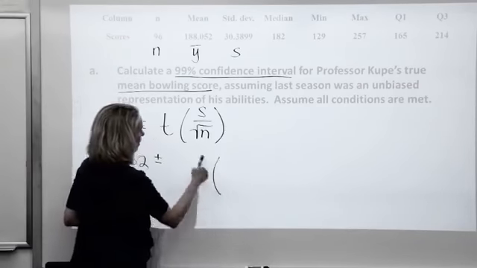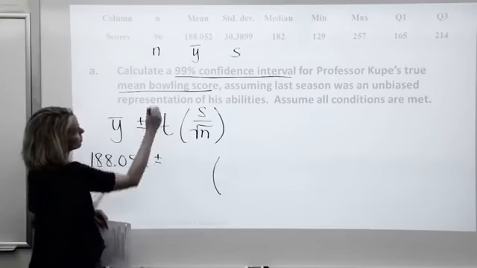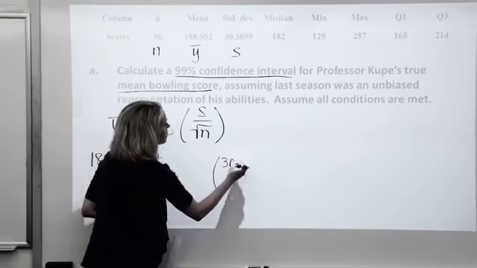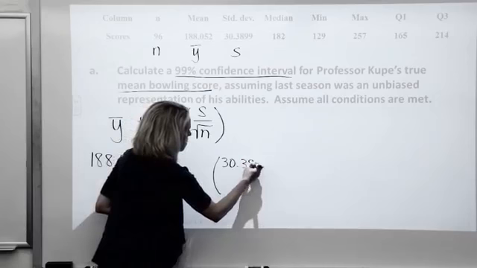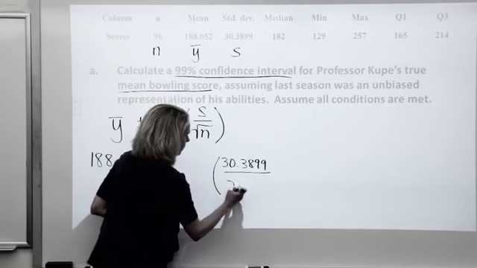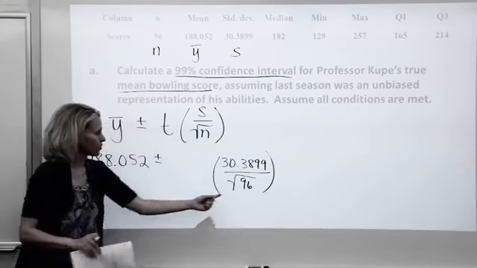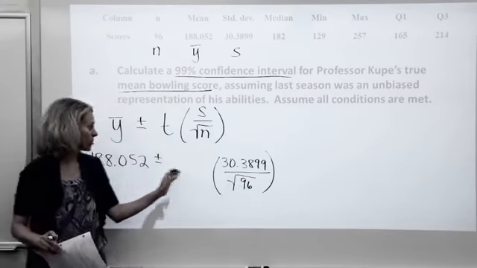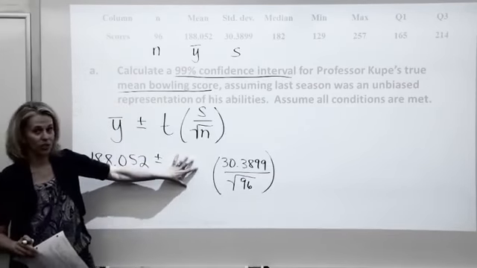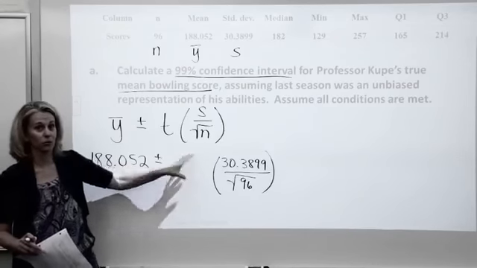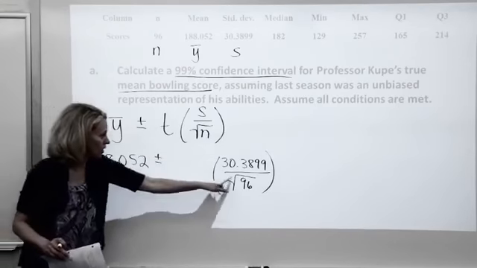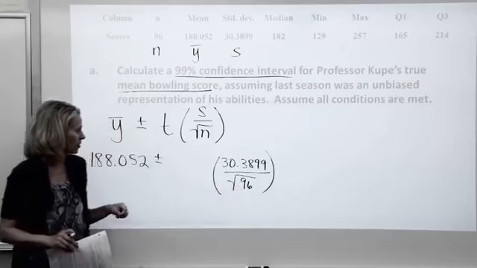I'll fill that in in a second. And the standard deviation and the sample size we have. Make sure here you're using the full sample size. Remember, when we get this critical t, this involves degrees of freedom where we subtract 1 from the sample size, but this is the full sample size here.